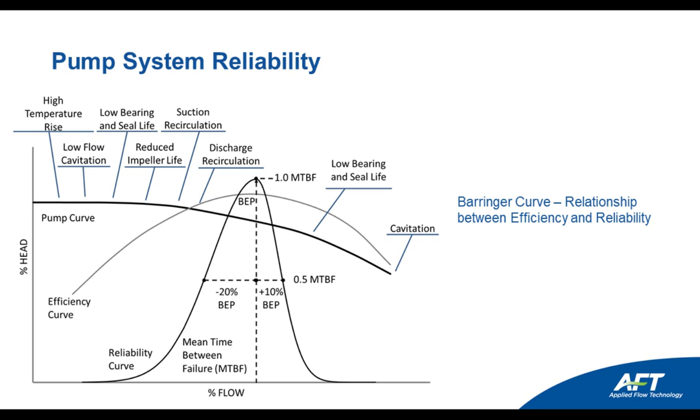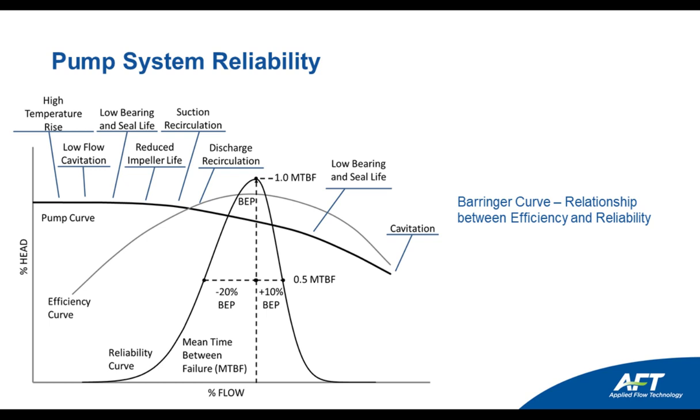If you were to operate at a flow rate range between, let's say, 80% up to 110% of the best efficiency point, that mean time between failures can dramatically reduce by half. And that's when you're still operating at flow rates from 80 to 110% of the BEP.